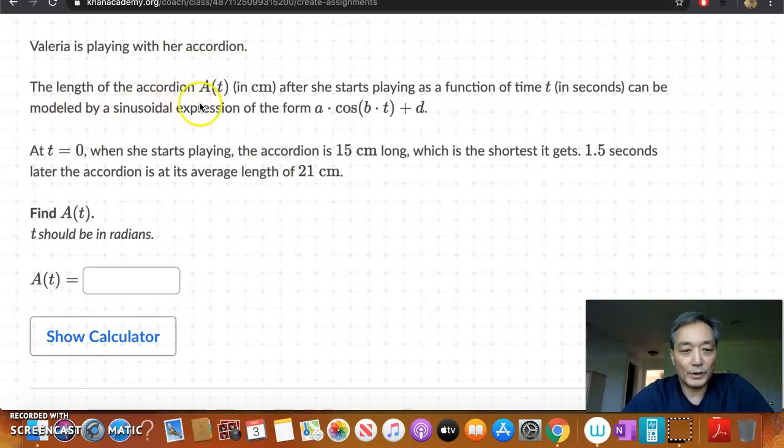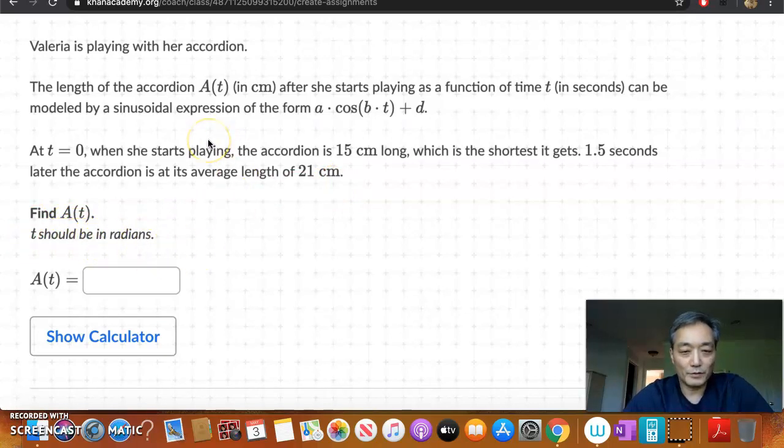The length of the accordion, A of t, in centimeters, after she starts playing as a function of time t in seconds, can be modeled by a sinusoidal expression of the form A times cosine of B times t plus d. At t equals 0, when she starts playing, the accordion is 15 centimeters long, which is the shortest it gets. 1.5 seconds later, the accordion is at an average length of 21 centimeters. Find A of t. T should be in radians.